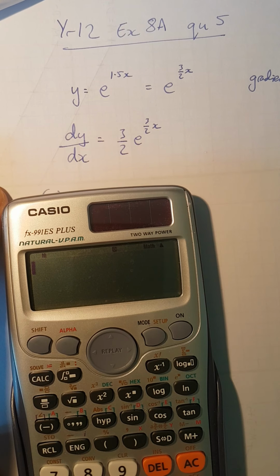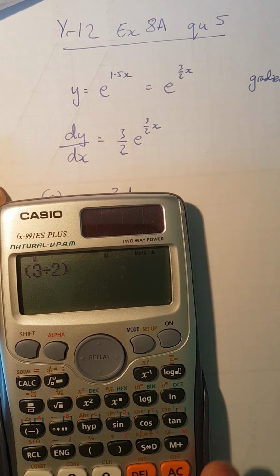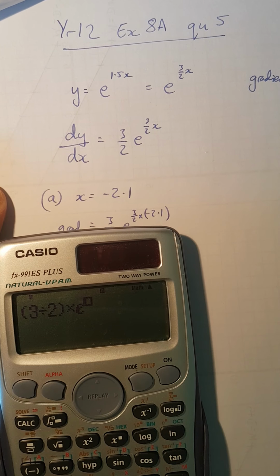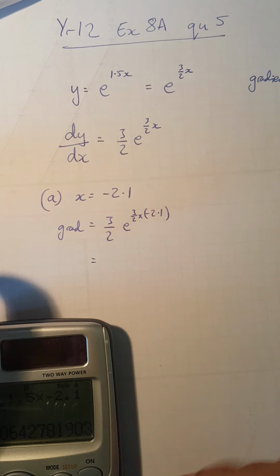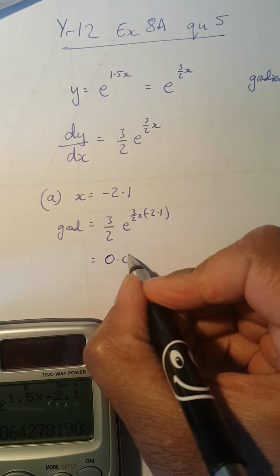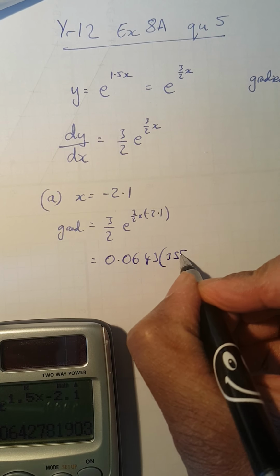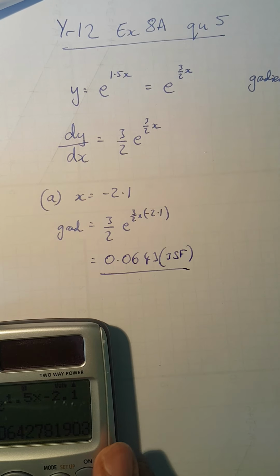So that's 3/2 times e to the power of 3/2, which is 1.5, times negative 2.1. And I get an answer which is 0.0643, to 3 significant figures. It's a perfectly good answer for part A.